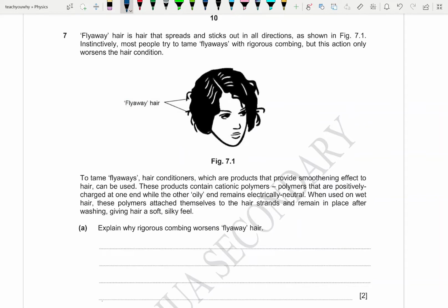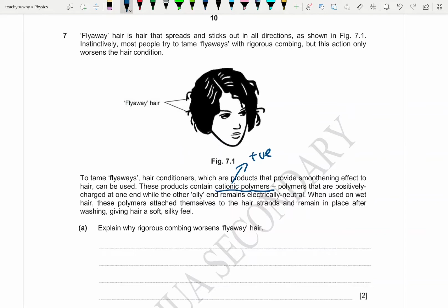To tame flyaway hair, conditioner, which are products that provide a smoothing effect to the hair, can be used. Everyone should know what a conditioner is. This product contains cationic polymer. Cationic means cations, positive charge.